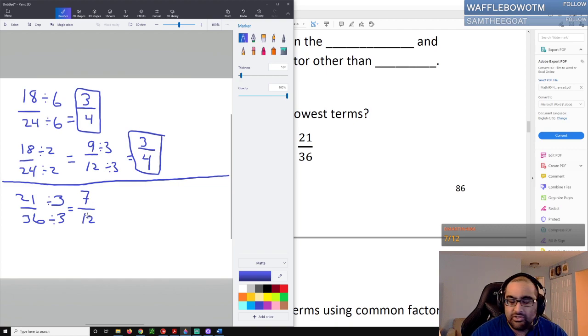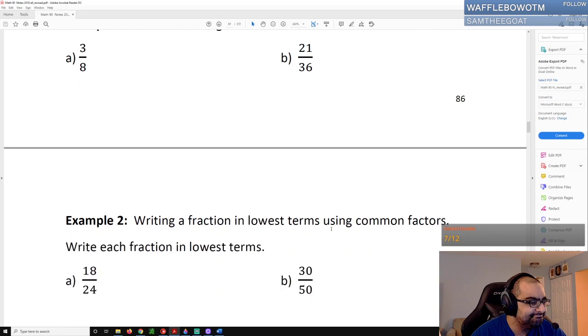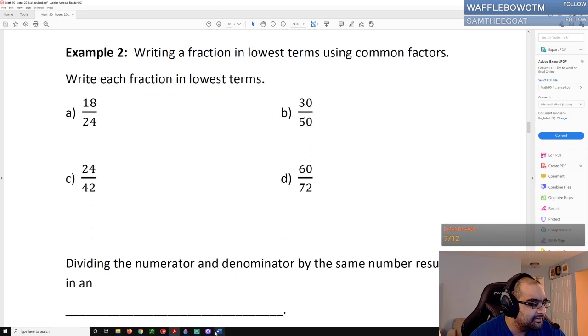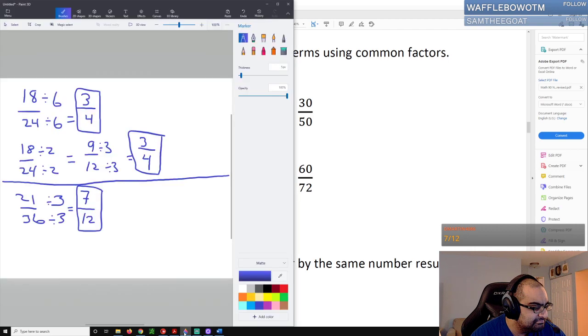Again, 7 and 12 have no common factors, so that's it. 7/12. Let's go ahead and try another one.